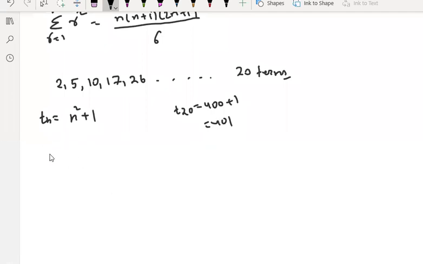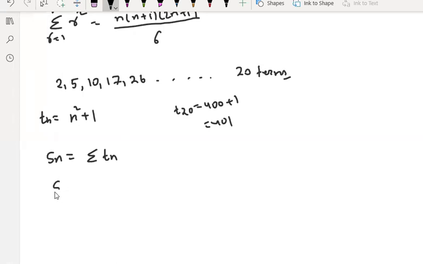Now tell me, for this, what is Sn? What is the meaning of Sn? Sn means summation of Tn. Yes or no? Okay, very good.